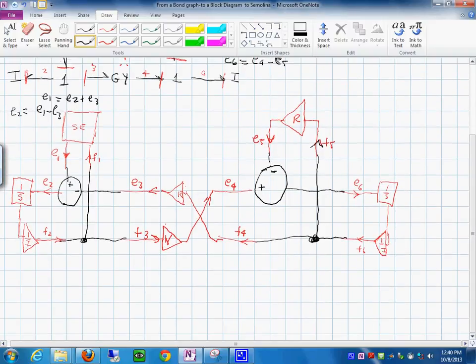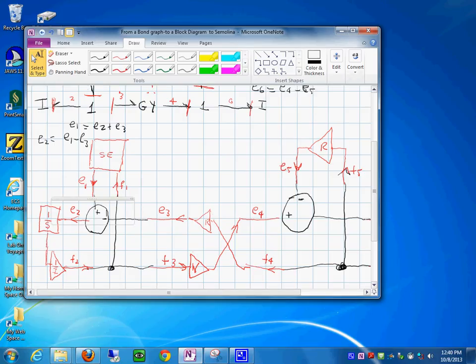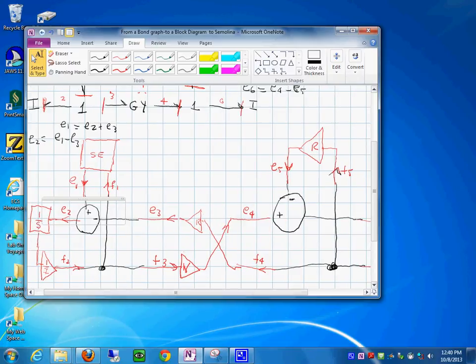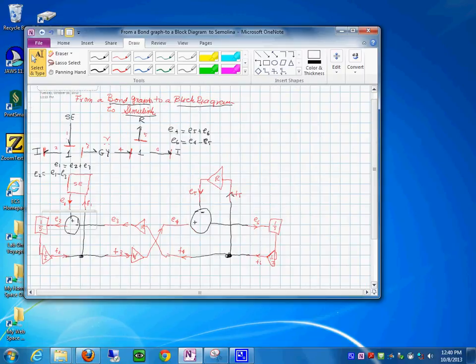Now, how do we do the SIMULINK part on this? That is the next issue. So what I would do is maybe I'll just reduce this picture in here, to allow me to see it a little better. There we go.